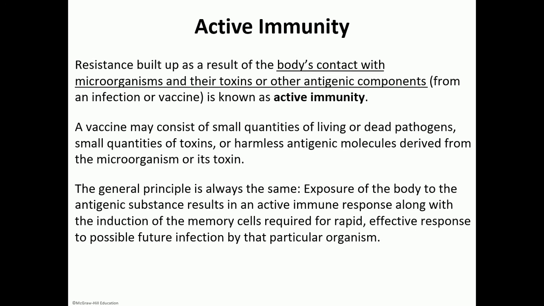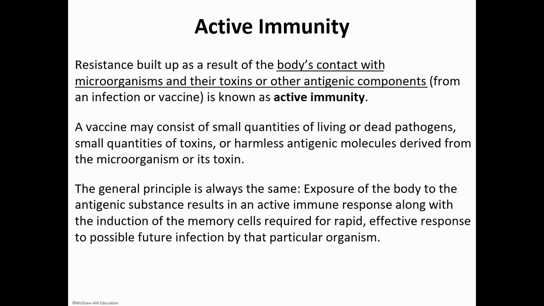Now, I believe we're going to be talking about the difference of active and passive immunity. Active and passive immunity really means, where did the antibodies come from? If your body made the antibodies, that is known as active immunity. So your immune system was actively involved in making the antibodies.